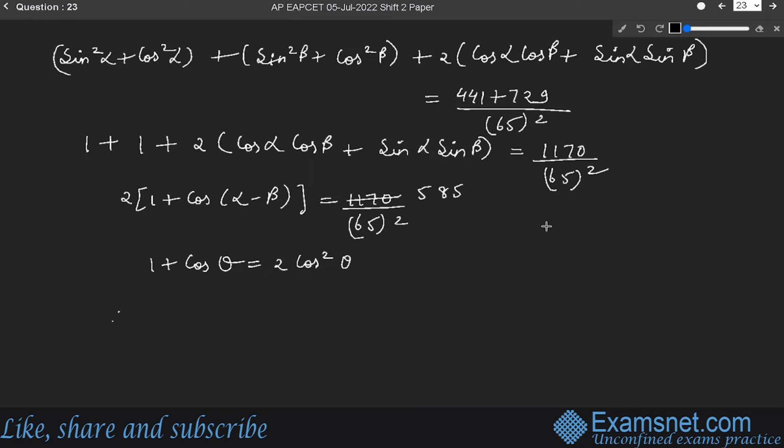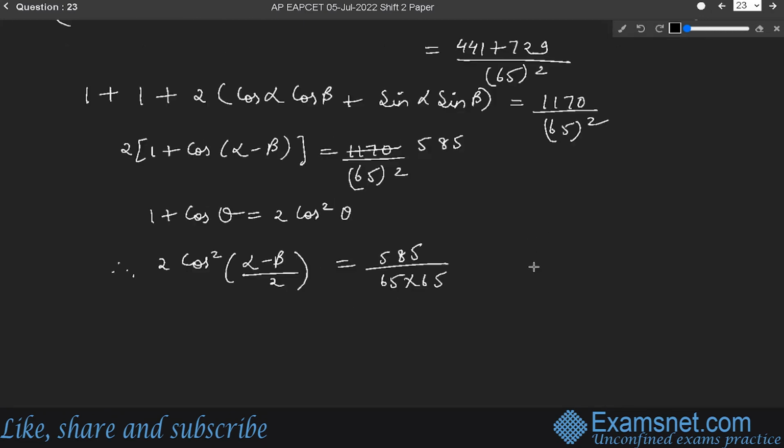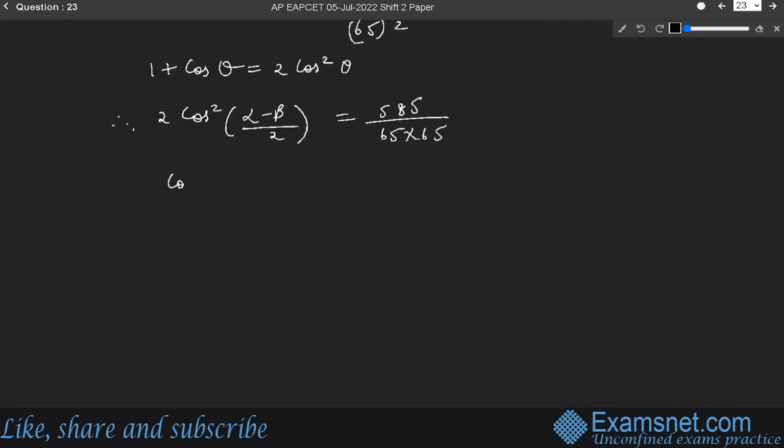So putting the value here, the term becomes 2 cos square of alpha minus beta upon 2 is equal to 585 divided by 65 into 65. So we can say that cos square of alpha minus beta by 2 will be equal to 9 upon 65 into 2. On cancelling this term, it becomes 9 upon 65 into 2, which is equal to 9 upon 130.